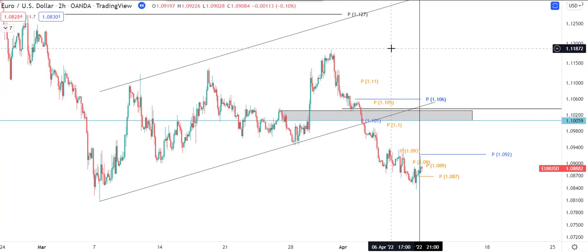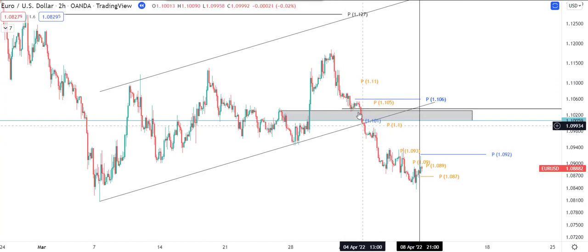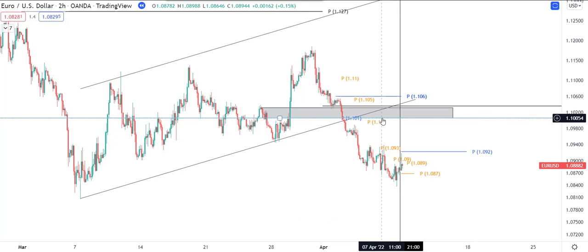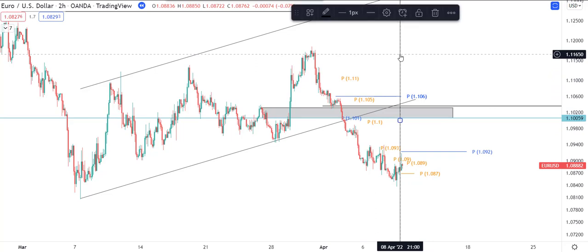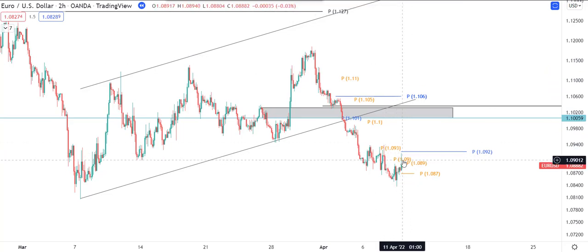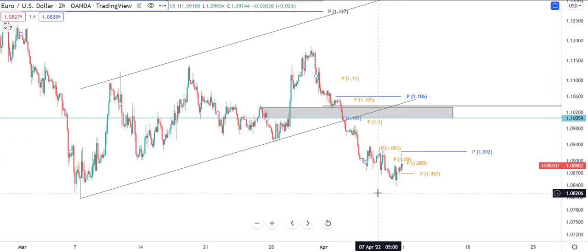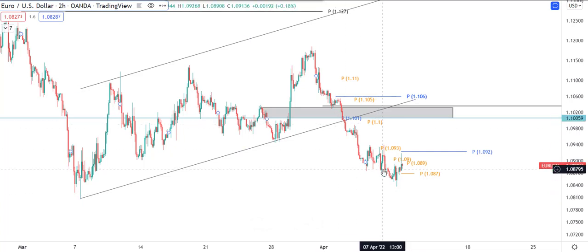And that will help you to catch these kinds of moves. Now that we have confirmed the trend for this current month, the month of April, you'll continue to trade on an intraday, short-term basis. The trend is down. I don't want to buy because there is no stop loss to buy this.